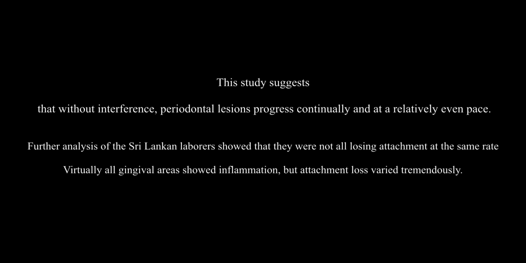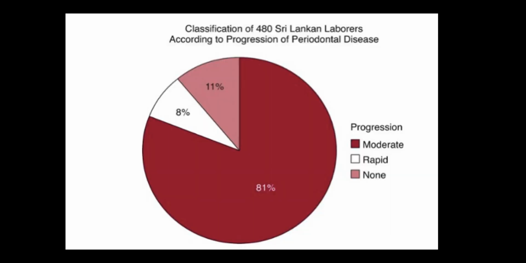Further analysis of the Sri Lankan laborers showed that they were not all losing attachment at the same rate, which was very interesting. The gingival areas showed inflammation, but attachment loss varied tremendously. I'm going to show you here the classification of the 480 tea laborers according to the progression of periodontal disease.